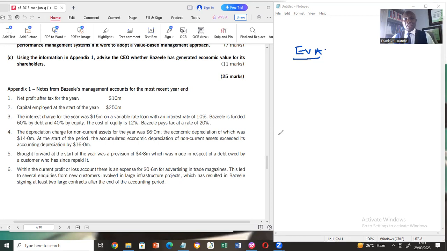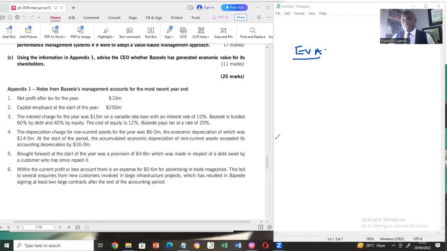So now, if EVA is positive, it means that management have added value to the business, simply meaning the value of the shareholders has increased, and that's what the shareholders, or rather investors, are looking for.